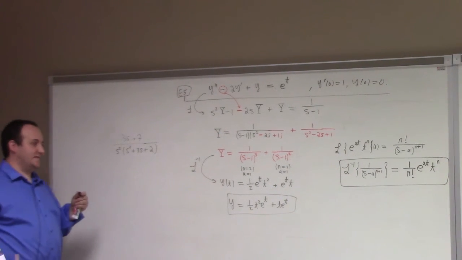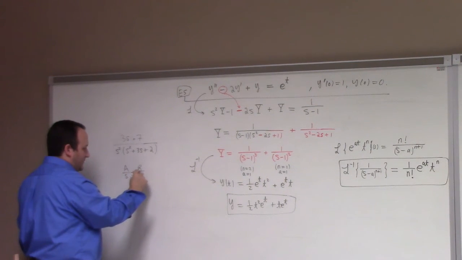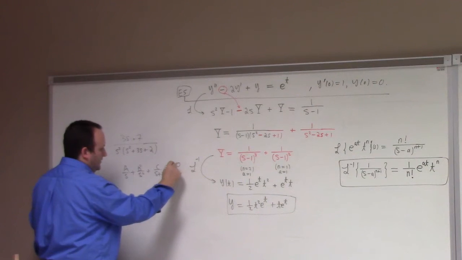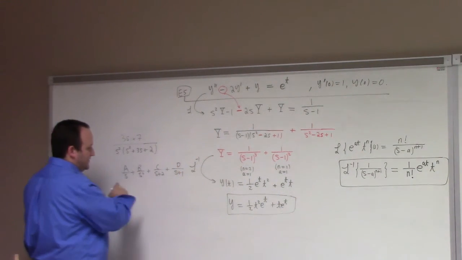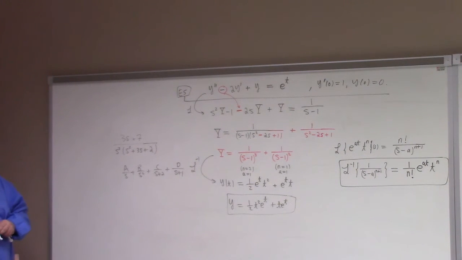But if you rewrite this as a over s plus b over s squared plus c over s plus 2 plus d over s plus 1, well, then you're in business. All of these have inverse transforms, and that's what partial fractions is about. It's an important algebraic issue we have to deal with more in here. I'll try to work a few examples of that next time.